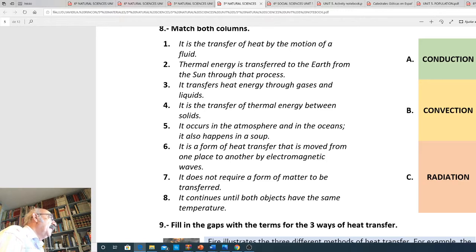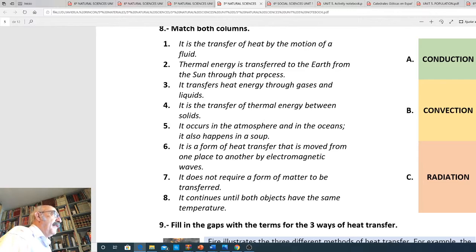A fluid, you remember, is the name that is given to liquids and gases. And the correct answer is convection. Okay, convection is just for fluids.